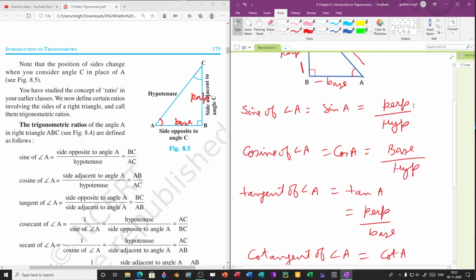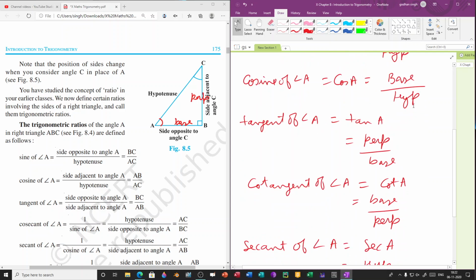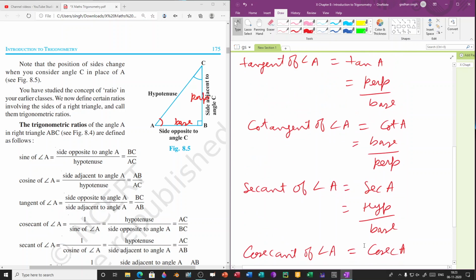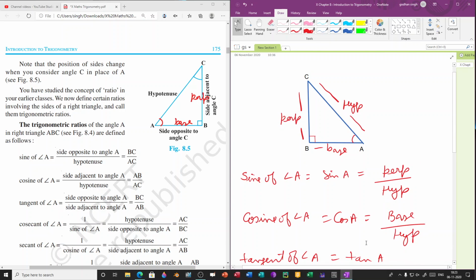If we take the reciprocal of this, we will get hypotenuse over perpendicular. So cosecant of angle A, cosec A, is equal to hypotenuse over perpendicular.